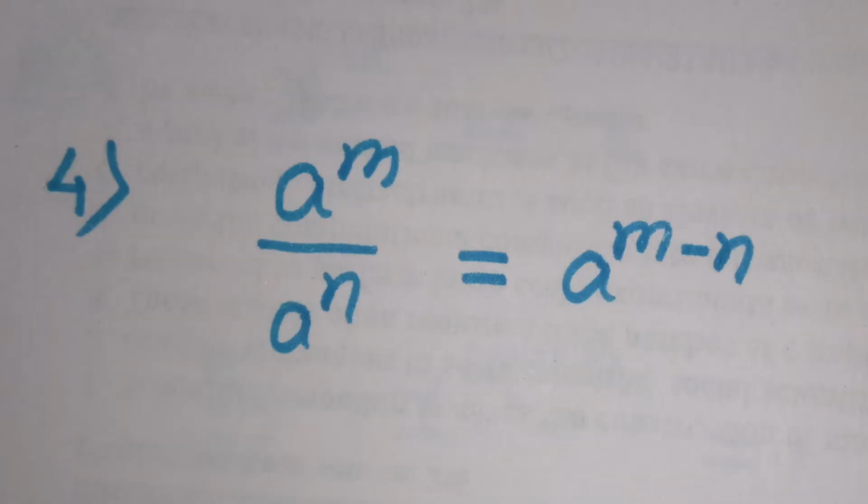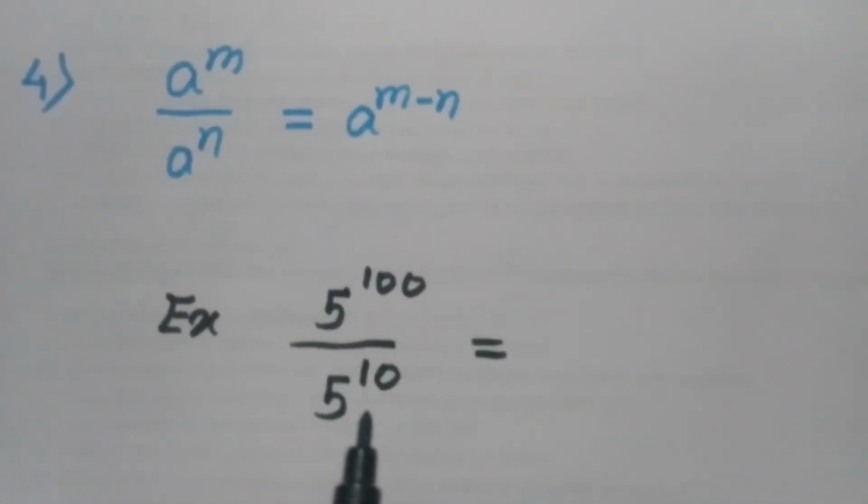Fourth, a raised to the power m divided by a raised to the power n is equal to a raised to the power m minus n. That is, a remains the same in numerator and denominator, but the powers may be different. You just have to take the denominator power and subtract it from the numerator power. Then we get a raised to the power m minus n.